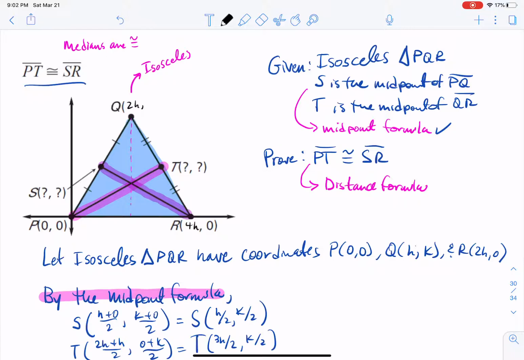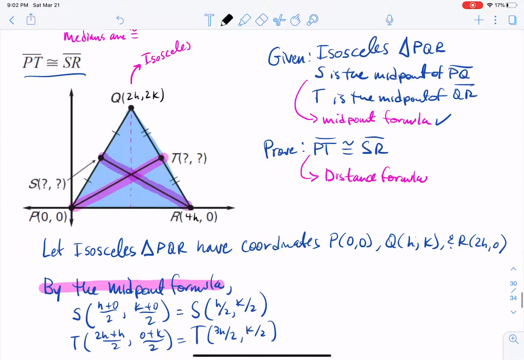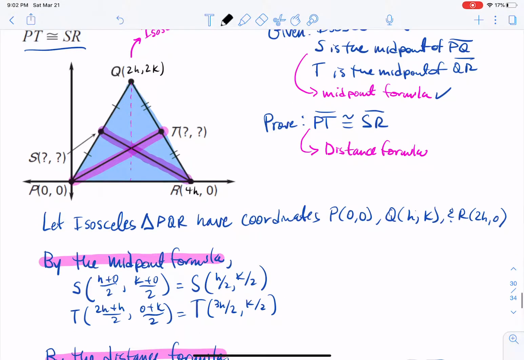And then since I doubled this one, I'm also going to double the y coordinate, 2K. Whenever I come down here and change each of these coordinates, I'll make it obvious by changing them into pink. So here and here, I've got again 2H and 2K, and then in here it's 4H.